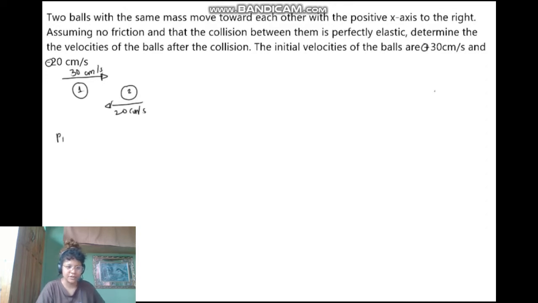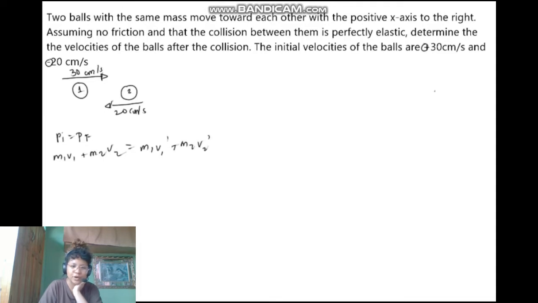For the conservation of momentum, we have initial momentum is equal to final momentum. We can simply rewrite this as m sub 1 times v sub 1 plus m sub 2 times v sub 2 is equal to m sub 1 times v sub 1 prime plus m sub 2 times v sub 2 prime. And we can cancel all the masses out since all the masses are equal. Then we will have v sub 1 plus v sub 2 is equal to v sub 1 prime plus v sub 2 prime.